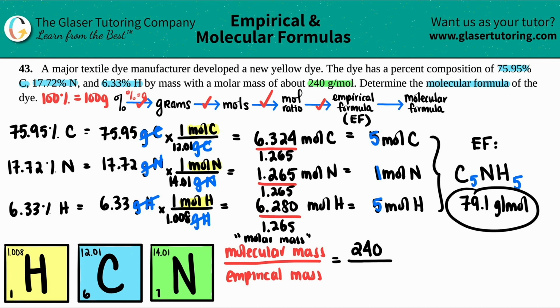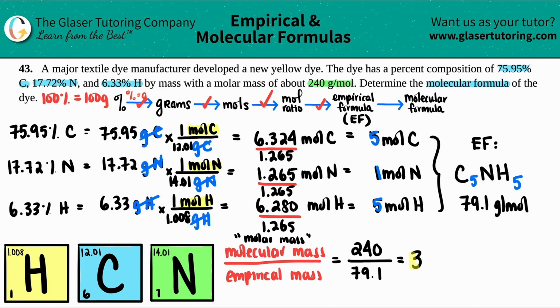So this is the number now that goes on the bottom, 79.1. And let's figure out what that number is. So 240 divided by 79.1. Also at this stage of the game, try to round your answer. And I get 3.03, so I'm going to say that this is a 3.